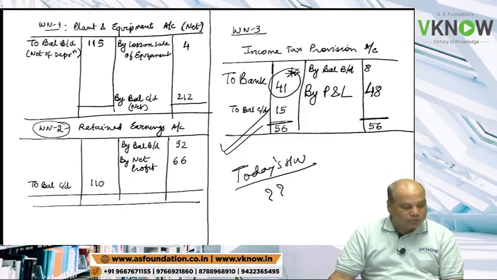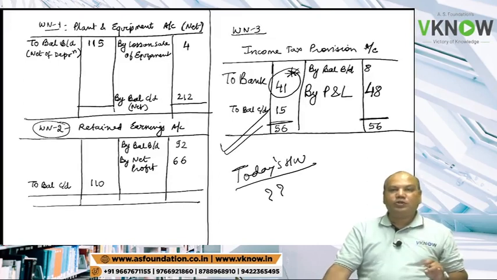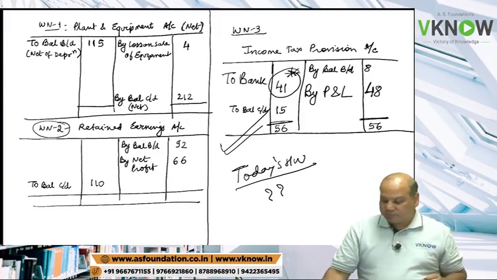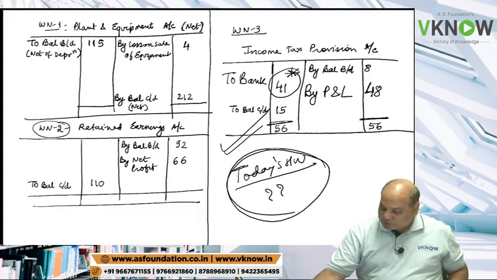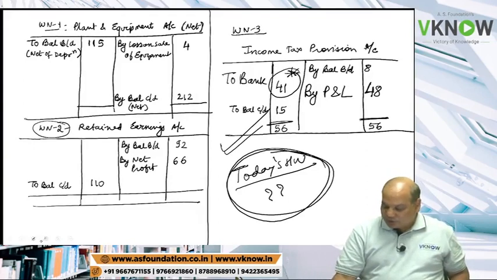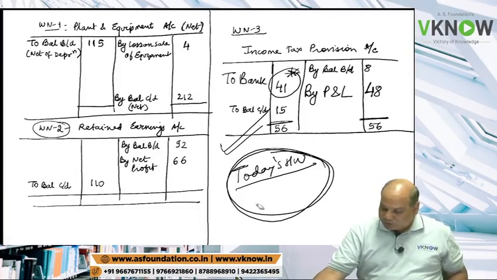Sales, cost of goods sold, operating expenses we don't require because we have already written the profit figure and only 3 adjustments were required, which we have done. So you have not yet asked what is today's homework.